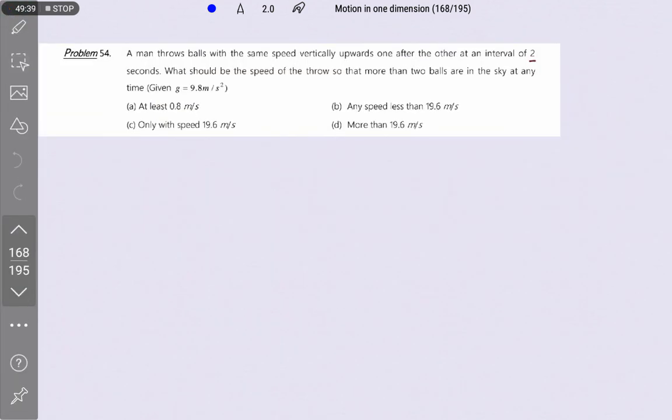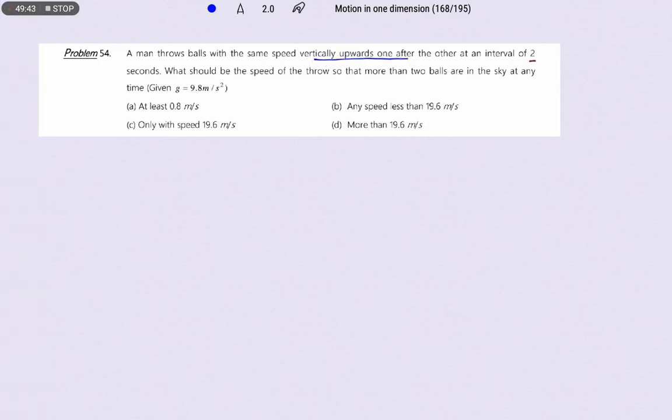Right, a man throws balls with the same speed vertically upwards one after the other at a time interval of 2 seconds. What should be the speed of the throw so that more than two balls are in the sky at any time. So the man is throwing the balls vertically upwards. So what is the time interval between one ball to another ball?